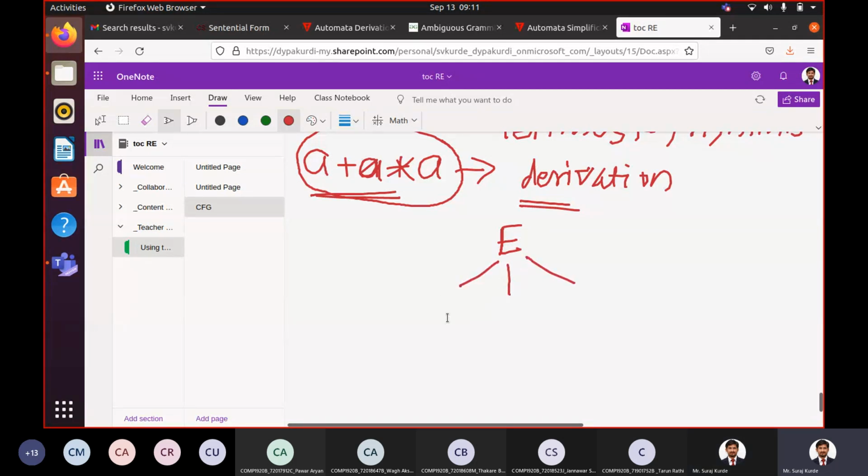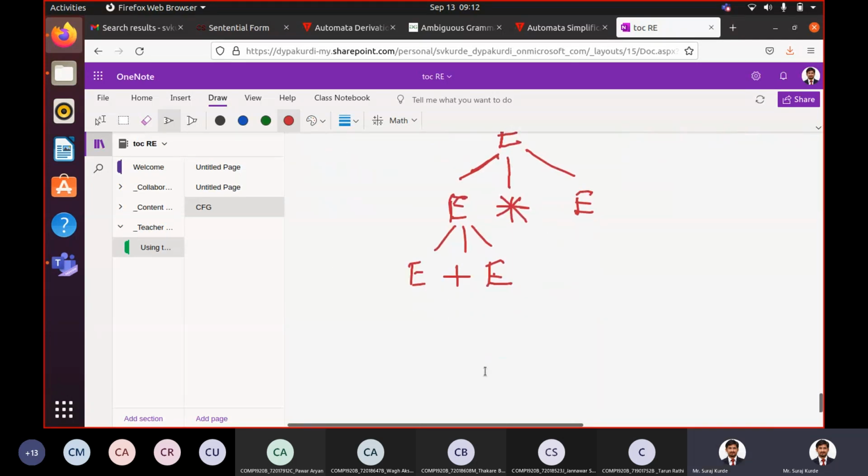E, from E we have the production E plus E. Replace this one with E, multiplication, E plus E. Then again replace this E with A. This is leftmost.